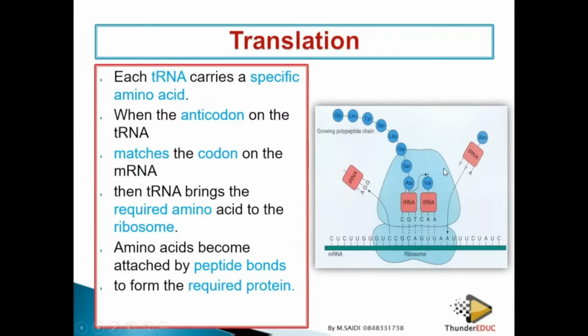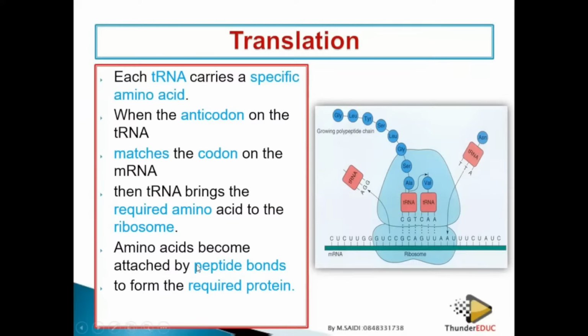This transfer RNA will bring this amino acid, whose 3 bases, the anticodon, match this. So it brings the required amino acid to the ribosome.